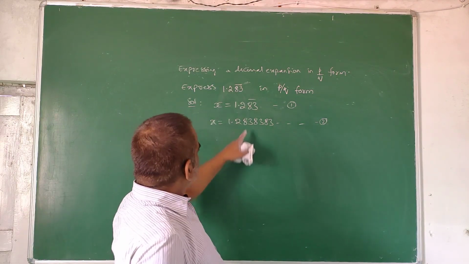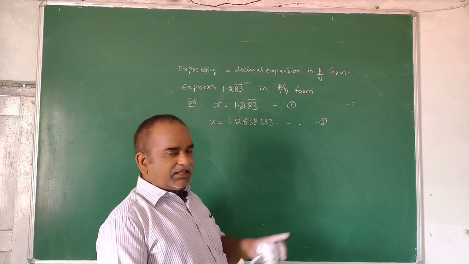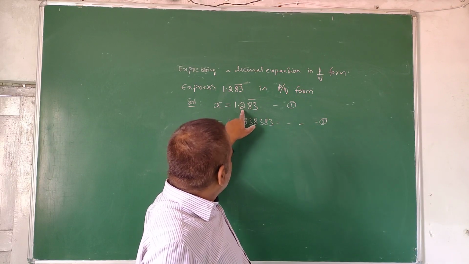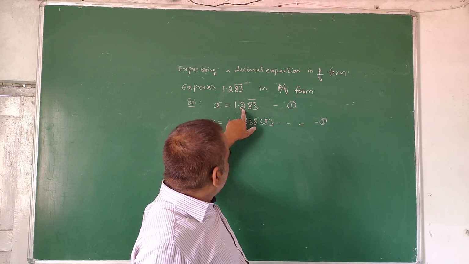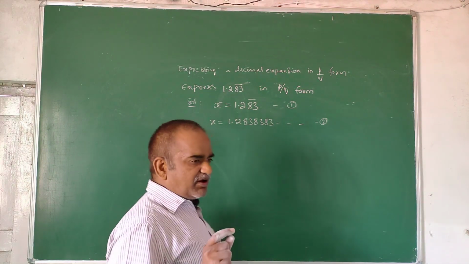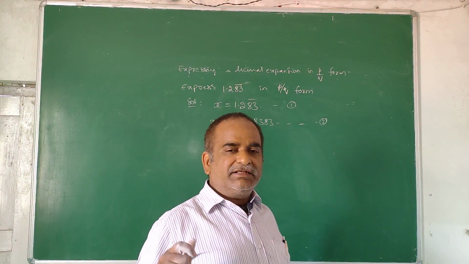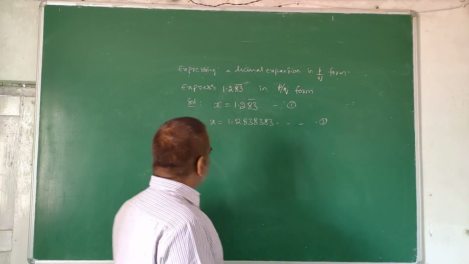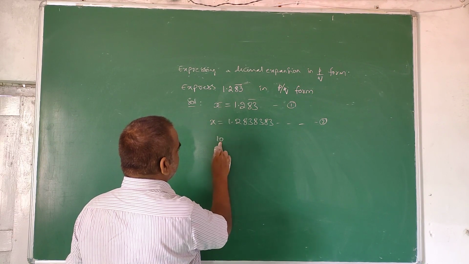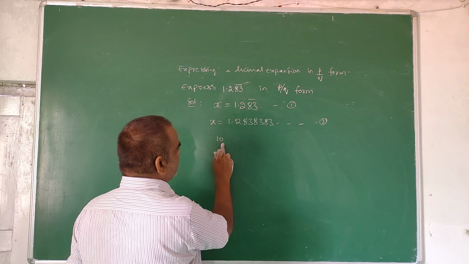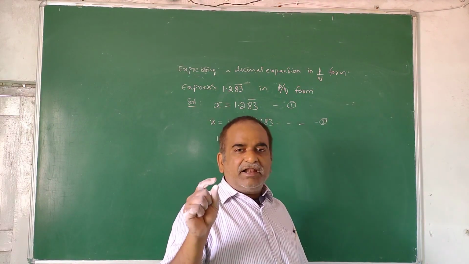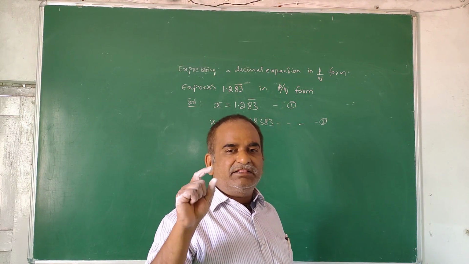Now see, 2 digits are recurring here, and under the non-recurring position there is 1 digit. So the number of non-recurring digits is equal to 1, so you multiply both sides of equation 2 by 10, because under the non-recurring position there is 1 digit.